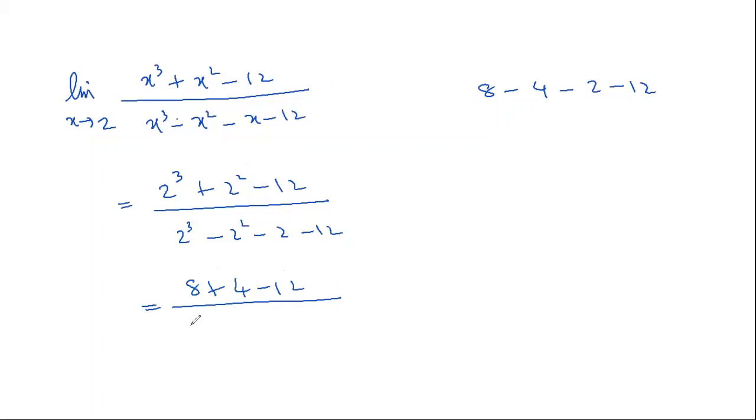Only the numerator is 0. Numerator is 0, but denominator is how much? Minus 10. So answer is 0, not undefined. So you don't have to do synthetic division. You have to do synthetic division only if it becomes 0 by 0. Otherwise, you don't have to do synthetic division.